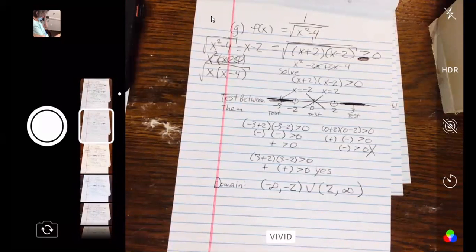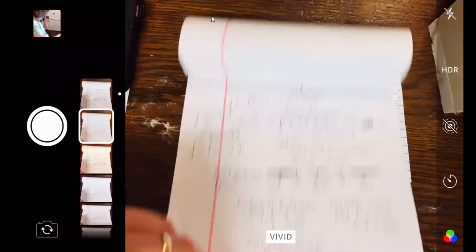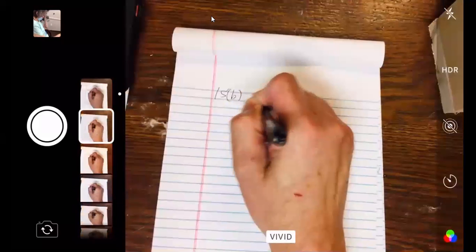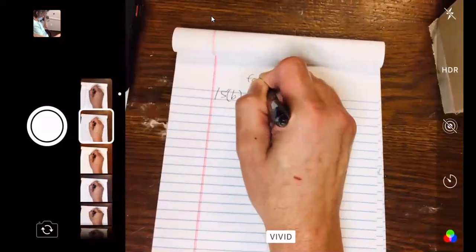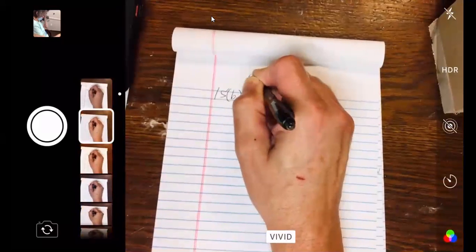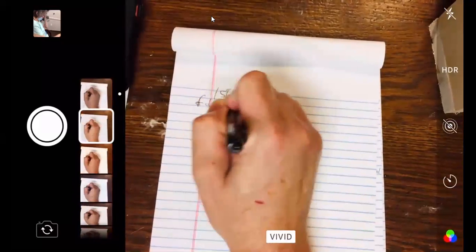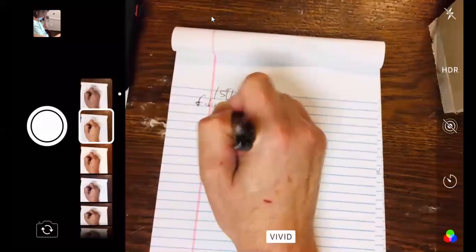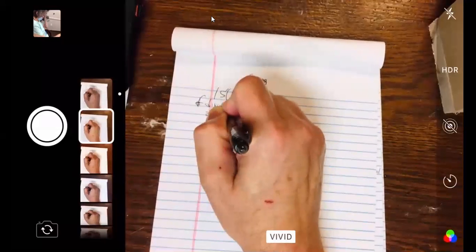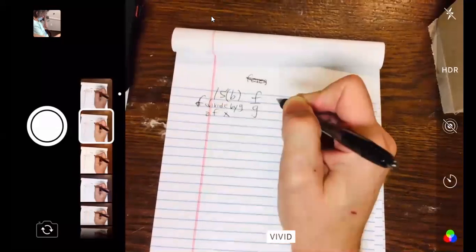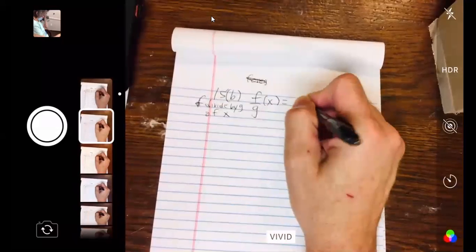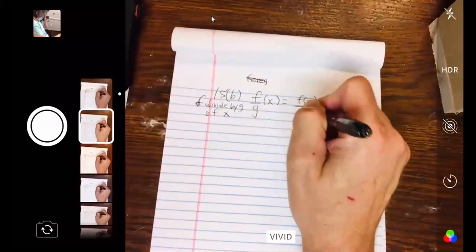That's not f over g times x. That's a new function, f over g. This reads f over g, or f divided by g, f divided by g of x. Oh, okay. So it just simply means take f of x and divide it by g of x.